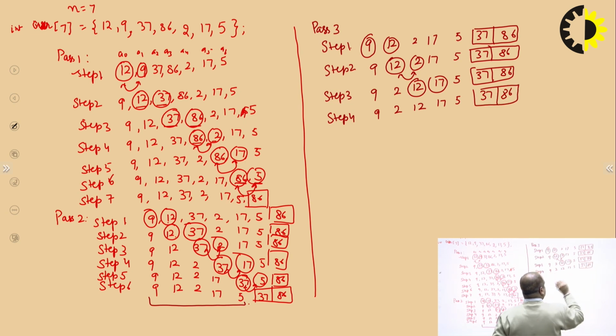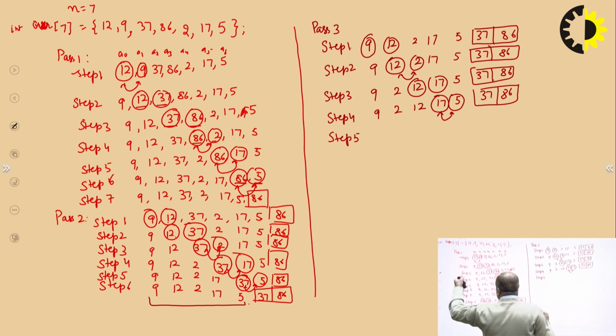Now we are going to check 17 and 5, these two elements. We see 17 is higher compared to 5. So swapping will be made. In pass 1 there were 7 steps, in pass 2 there were 6 steps, in pass 3 there are 5 steps. Steps are going down.